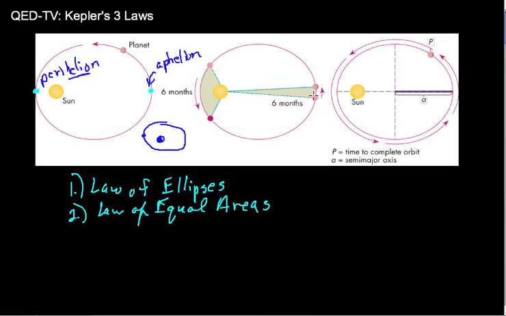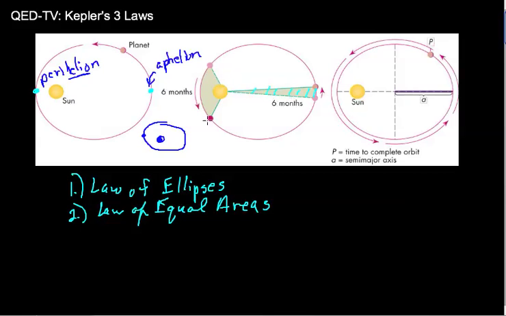So I could go 6 months and this planet would get from here to here, and I could measure the area of this little triangle, and that area would always be the same. For any 6 months of time, it would sweep out equal area.